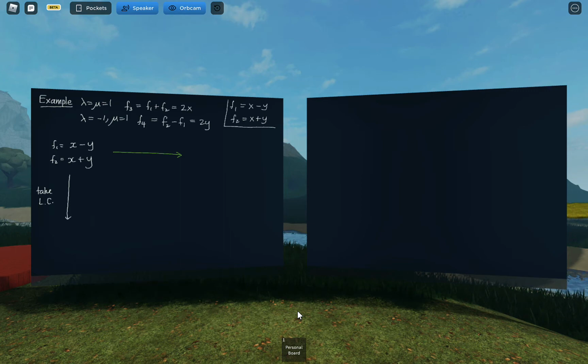So I took linear combinations to get f3 and f4. Now it's an important observation that these substitutions, you can sort of do them either before or after you take linear combinations, and this was the point I was making by substituting a and b in the equation on the previous board.